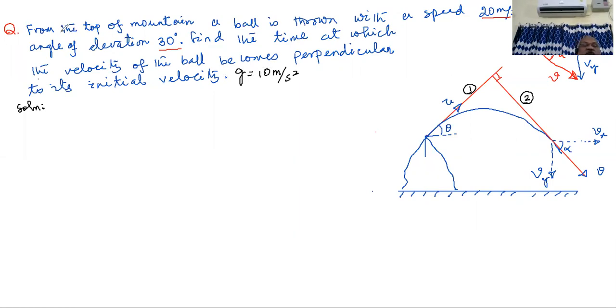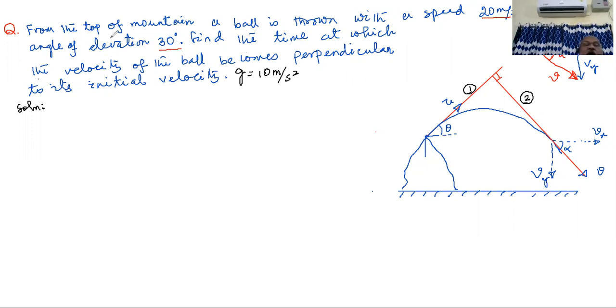The question says, from the top of a mountain, a ball is thrown with a speed of 20 meters per second at an angle of elevation of 30 degrees. Find the time at which the velocity of the ball becomes perpendicular to its initial velocity. The velocity vector of the ball should be perpendicular to the initial velocity vector.